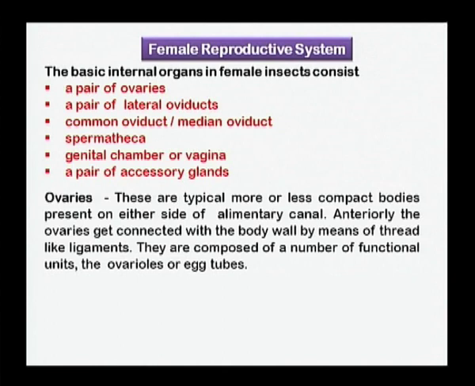Now, ovaries are 2 in number, and they are attached to the tergum of the body, or the dorsal side of the body, with a filamentous structure which is known as ligaments, and the function of the ovaries is to produce eggs, which are produced in the egg tubes known as ovarioles.